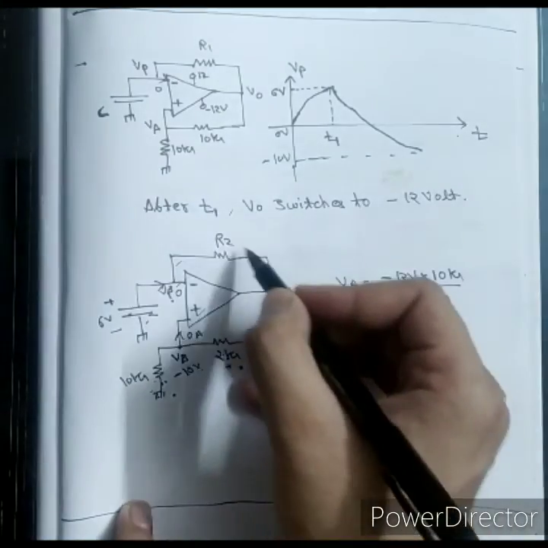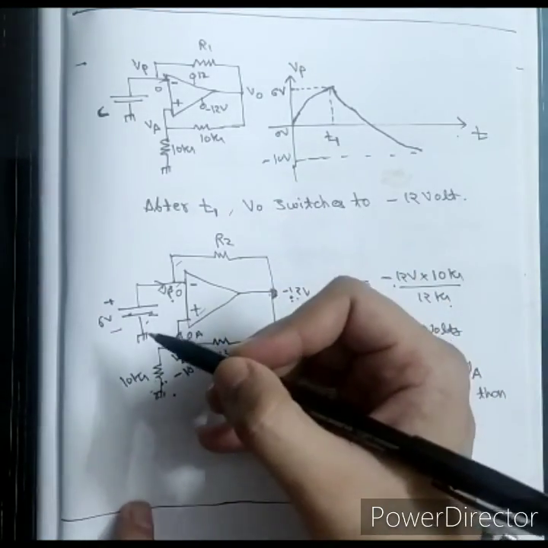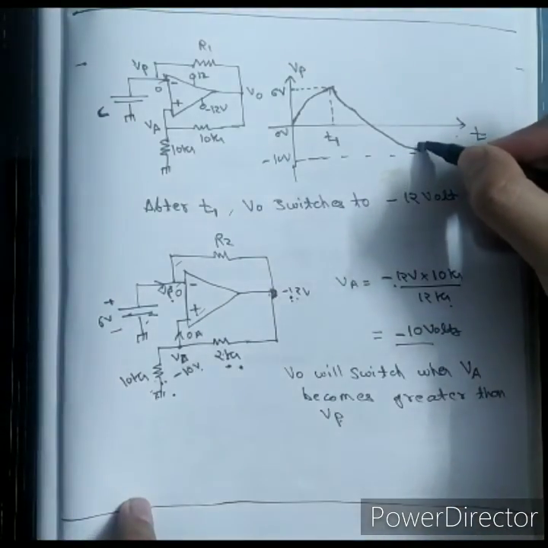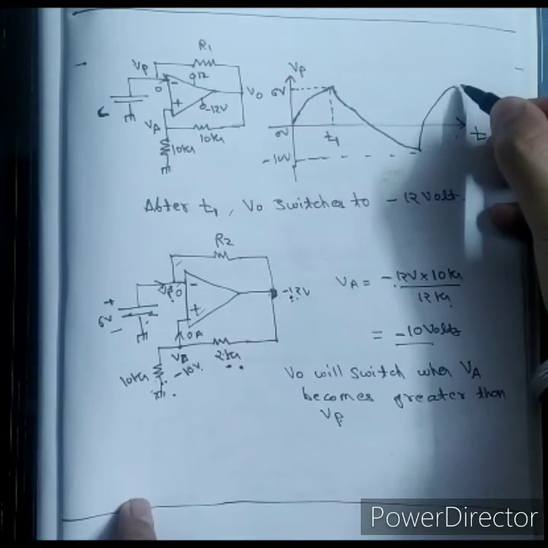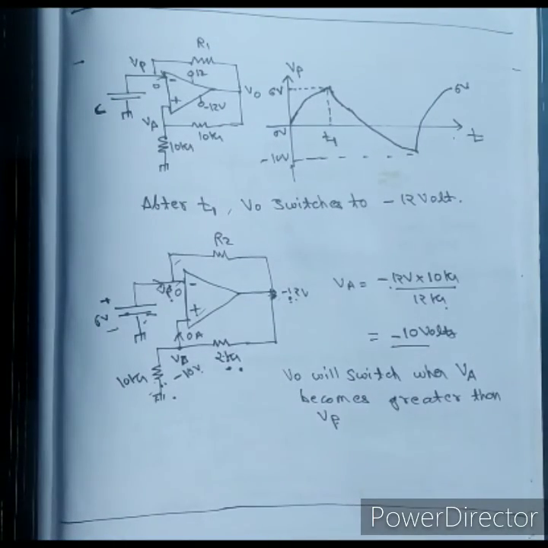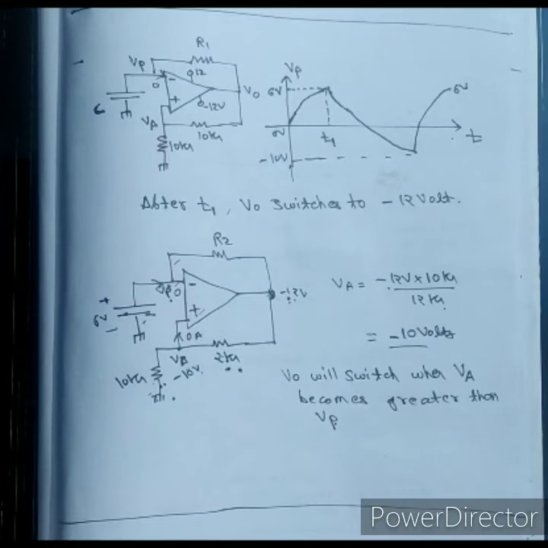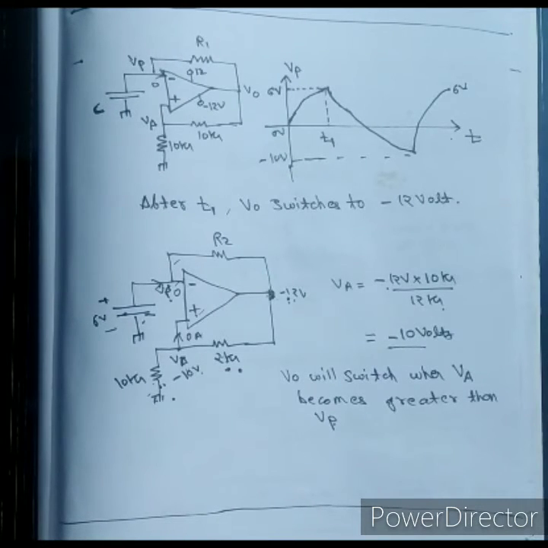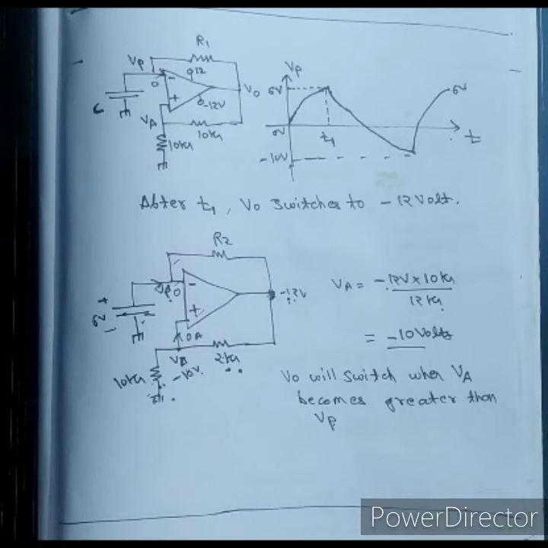Again current will start moving like this, and the capacitor will again charge, again to 6 volt. So this was the working of this circuit. Basically VP first charges to 6 volt, then discharges to minus 10 volt, then again charges to 6 volt, and again discharges to minus 10 volt.